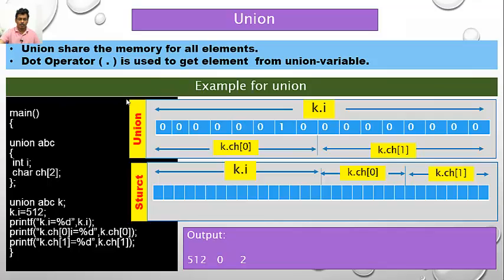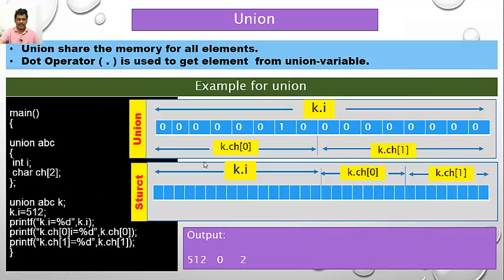The whole 4 bytes are for f, the first 2 bytes for i, the first byte for ch of 0, the second byte for ch of 1. So the first byte is common for f, i, and ch of 0. The second byte is common for f, i, and ch of 1. The third and fourth bytes are only a portion of f.